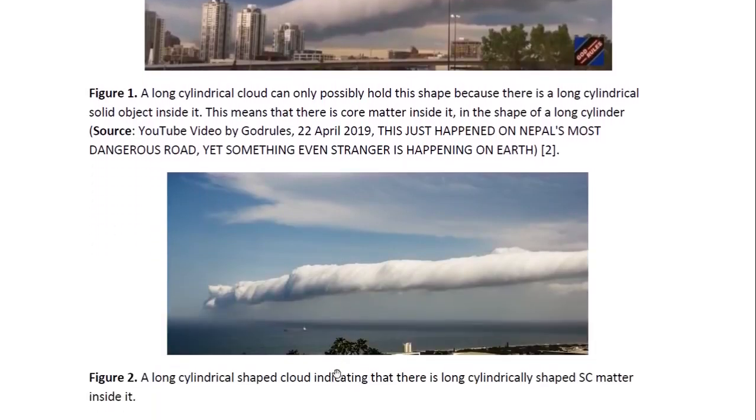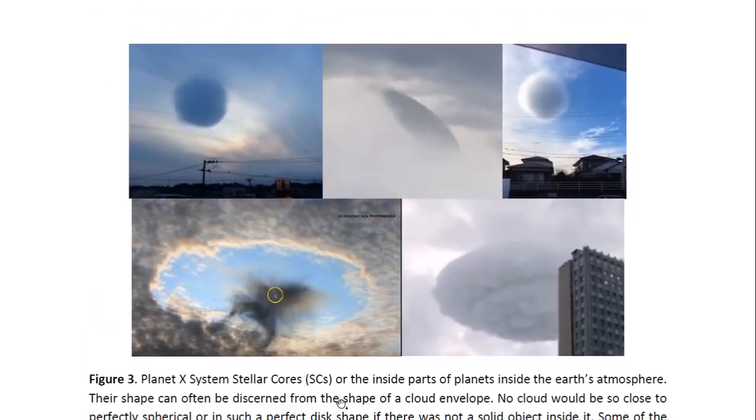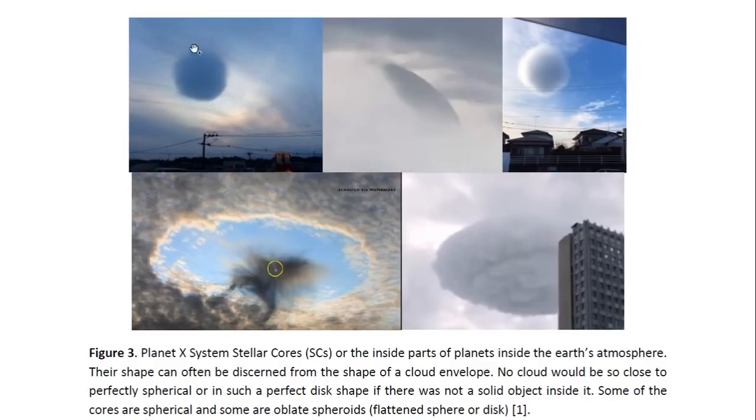And here you can see another one of these, another long cylindrical cloud, which can only possibly hold this kind of shape because there is solid stellar core matter inside it. And here you can see some of these stellar cores inside the cloud envelopes.